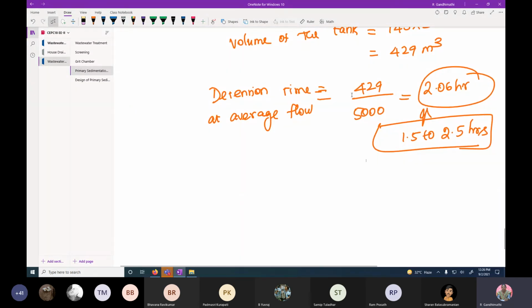If it is peak flow, then what will be the detention time? Detention time during peak flow, maybe during the rainy season, with values around 12,500. What is the answer in terms of hours?